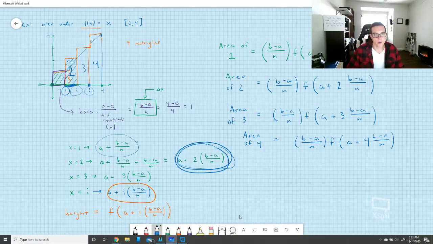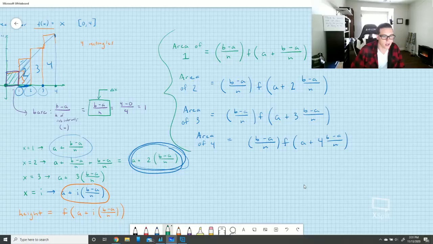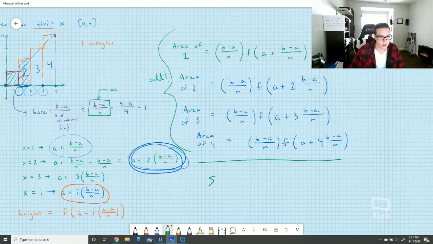Okay, so can we generalize this whole result? Well, you know what you're supposed to do to find the area. You would just sum all of these together. And we can do that using sigma notation or summation. So we can say the sum from I equals 1. Now, in this case, I used 4, so we stop after 4.